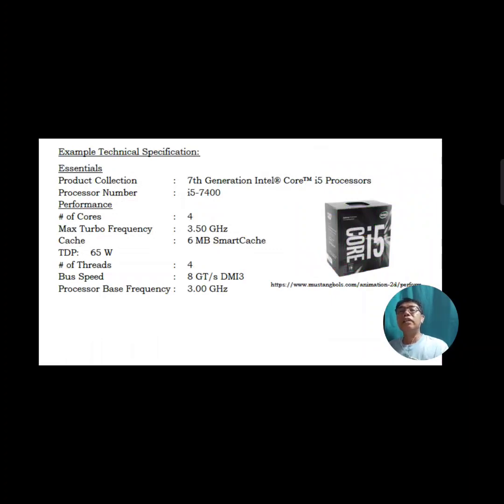Technical specifications. So we have here the essentials: product collection, processor number, performance, number of cores, max turbo frequency, cache, TDP, number of threads, bus speed, processor base frequency. Under the product collection, we have the 7th Gen Intel Core i5 and the processor number i5-7400.